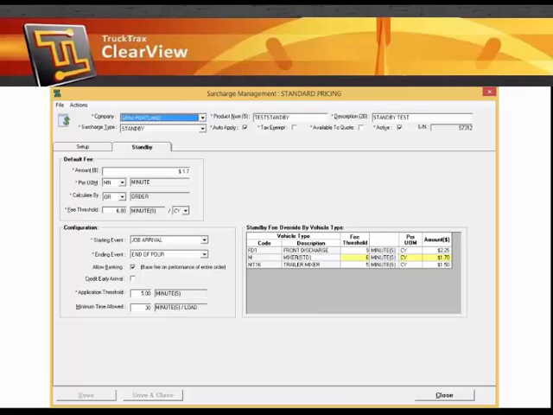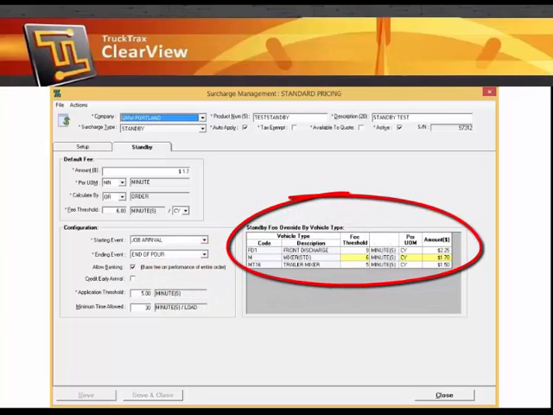Standby surcharges, meanwhile, look at not only a rate per hour or minute, but whether it applies to each load or across all the loads for an order, which statuses to use as starting and ending points, minimum time allowed, overrides by vehicle type, and a number of other criteria.